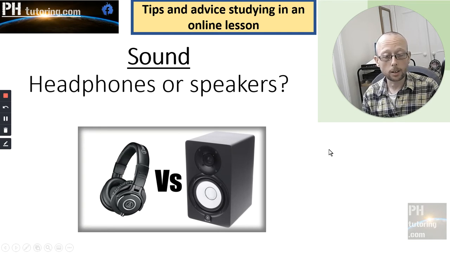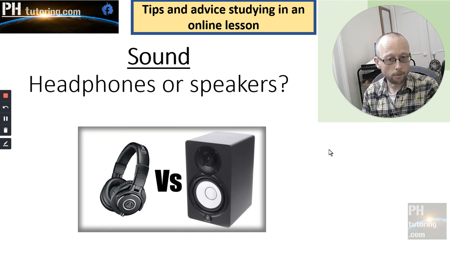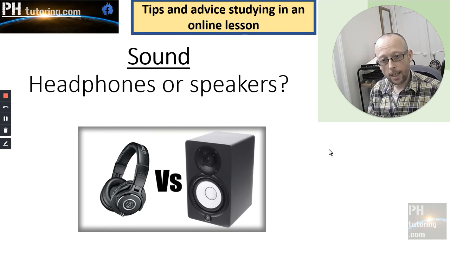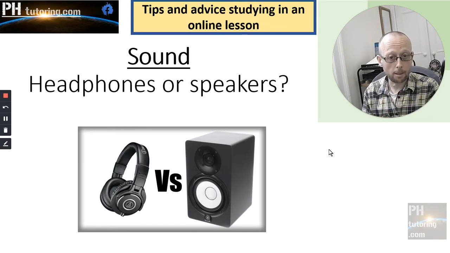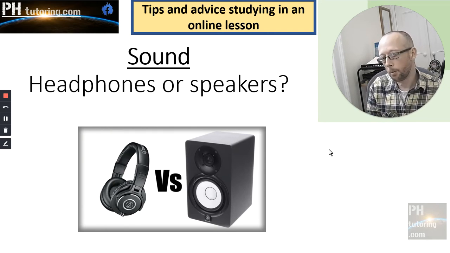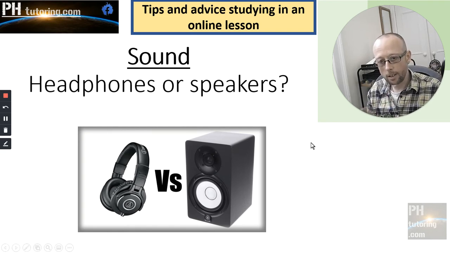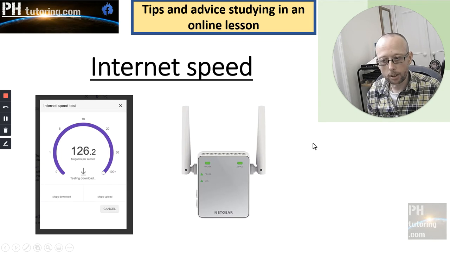A lot of the time, parents of my students may be sitting on the sofa, and so they'll be able to hear the whole lesson. Every now and again they might chime in and say, don't forget that, whatever it might be. So the speakers are quite useful if you want other people to be able to hear the lesson. Okay, other than that, there's not really much to say there.